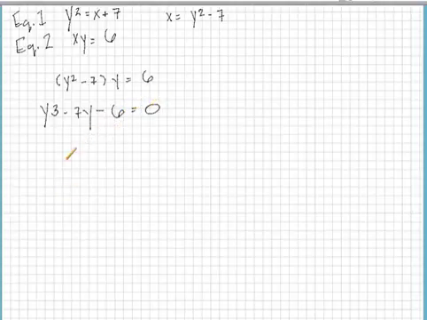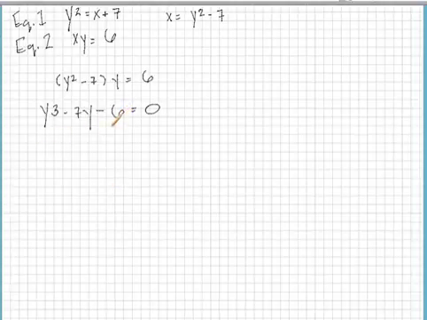To solve a cubic, there are many ways, but the least complicated way, in my opinion, is to use what's called the rational roots theorem. It sounds fancy, but it's really very easy.